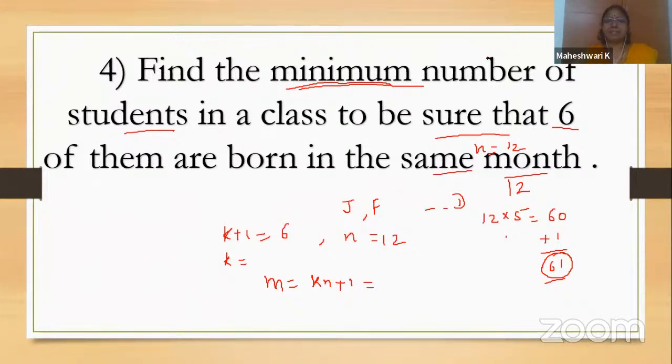So we get K as 5, and then we substitute. So we can apply the principle here, right?